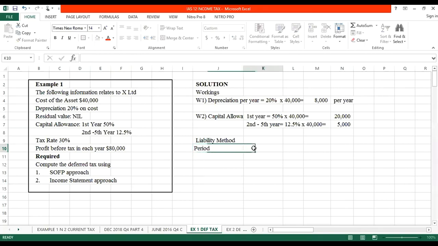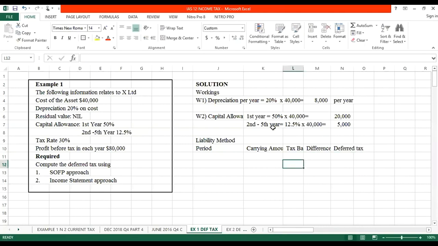You show the carrying amount. That is why we were defining terms. After carrying amount, you show the tax base. Next, you show the difference. And then you show the deferred tax.